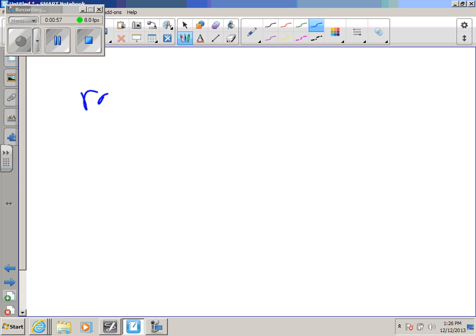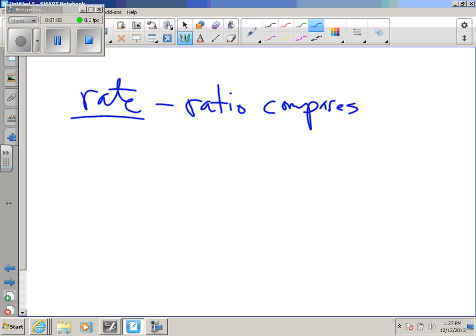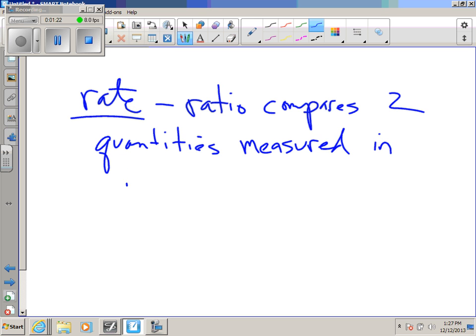Unit rates. The definition of a rate on page 273 is a ratio that compares two quantities measured in different units. That's what a rate tells us.